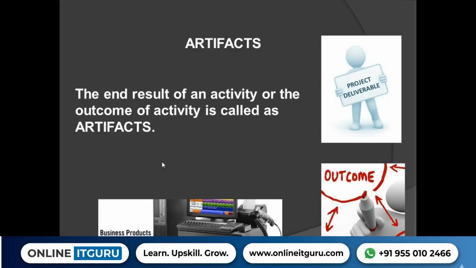While explaining each and every phase, I was saying the final result of phase 1 is preparation of SRS documentation, presentation and sign off. In BA terminology, we say these are the artifacts of phase 1. The end result of phase 2 is preparation of prototypes and mockups, presentation and sign off. In BA terminology, we say these are the artifacts of phase 2. It is nothing but the end result of an activity or the outcome which we are getting from the activity.